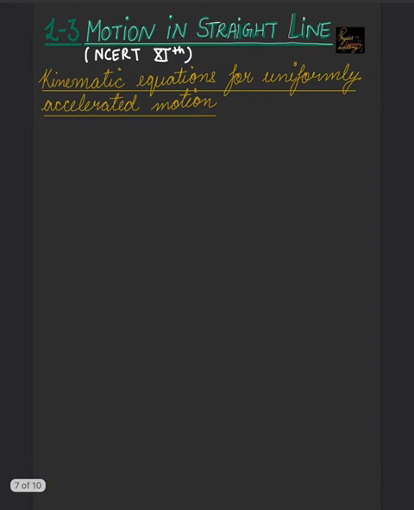And then the last but not the least, but the most important topic of today's class, is the kinematic equations for uniformly accelerated motion. What I am going to use is simply the calculus method.